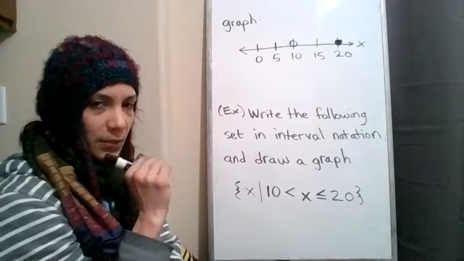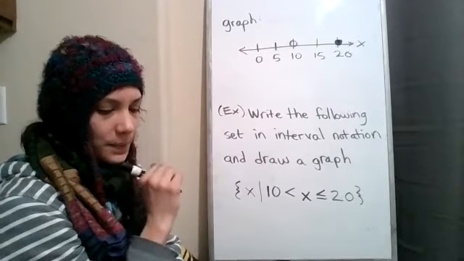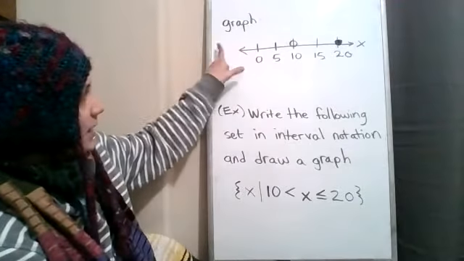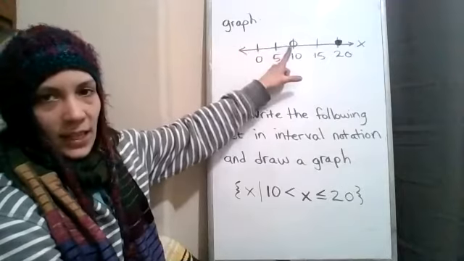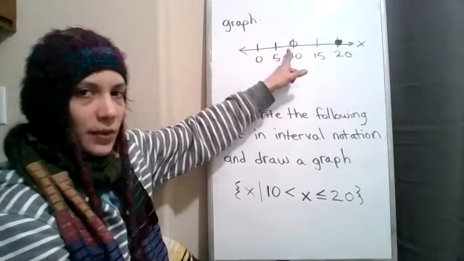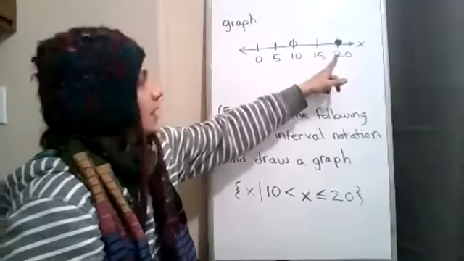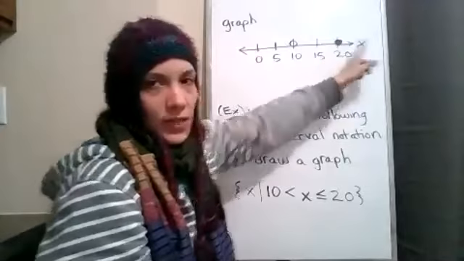I do want to go through the testing process again. You have a test interval from negative infinity to 10, a testing interval from 10 to 20, and then the last interval is 20 to positive infinity.